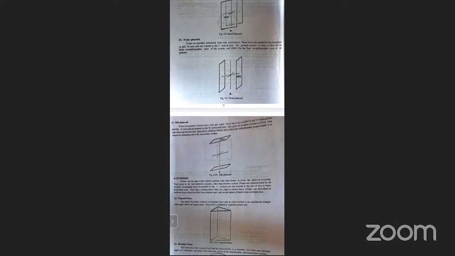And the second one is the side pinacoid. The side pinacoid has the 2 opposite sides. Here the picture is given: one should be top and that should be down. The faces are parallel to the C vertical axis and A axis and are normal to the B horizontal axis.